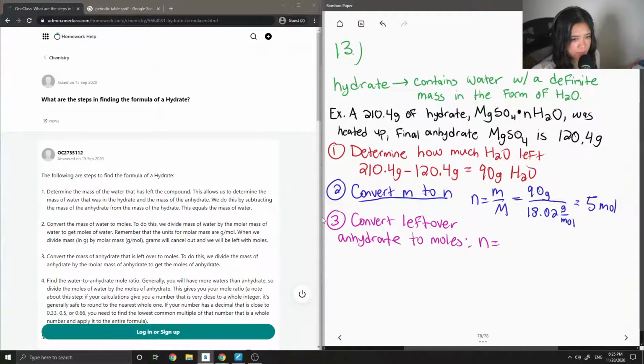So the mass of the anhydrate was 120.4 grams. And the molar mass of magnesium sulfate without any water is coincidentally 120.4 grams per mole. So therefore there is 1 mole of the anhydrate.